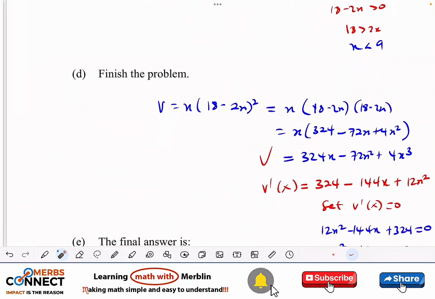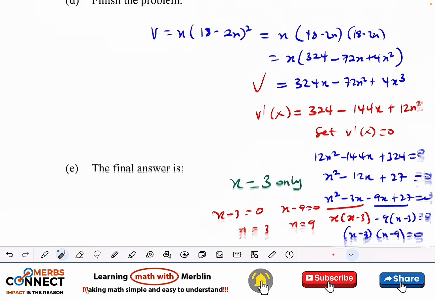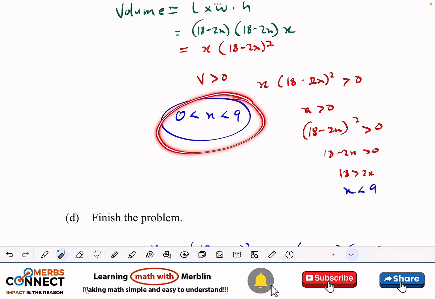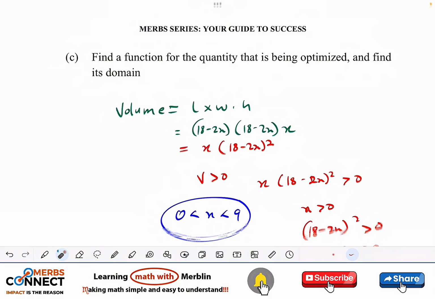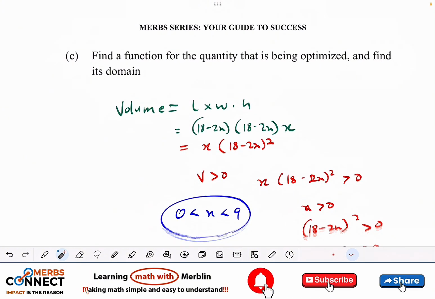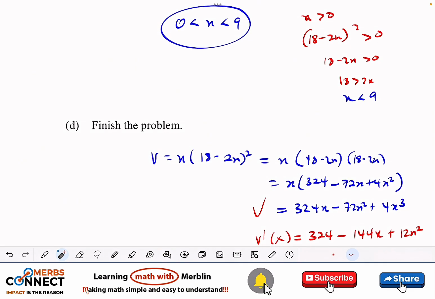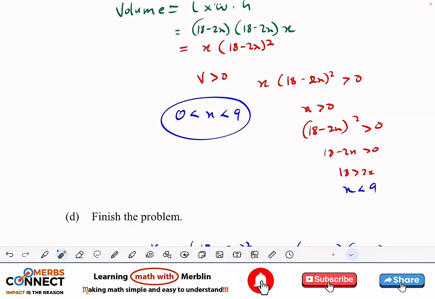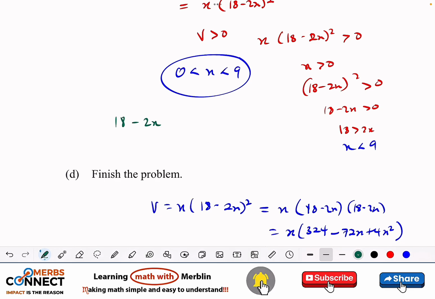So now that you've gotten the x, which is the critical value, and it's inside the domain, we need to find the corresponding value, right? So what will be the corresponding value? We saw 18 minus 2x, right? So let me say this is the length, which will give us the other side.